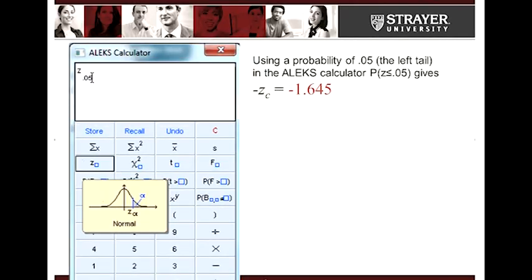Now, the negative, if we're talking about the lower half, is negative 1.645. If we're talking about the upper half, then Z equals positive 1.645. Okay? And you can actually use either one to get the answer.